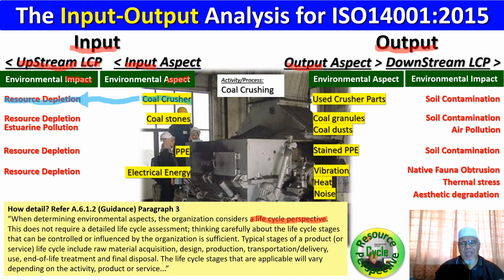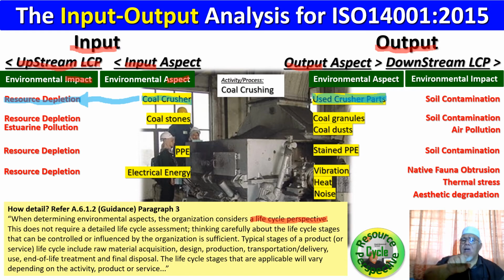And when we have these machines running, over time you get wear and tear. Parts need to be replaced. It gets kaput, it malfunctions, it gets dislocated, etc., etc. So during maintenance, our maintenance people would be replacing some of the parts with new ones. And now, this environmental aspect is actually used crusher parts.